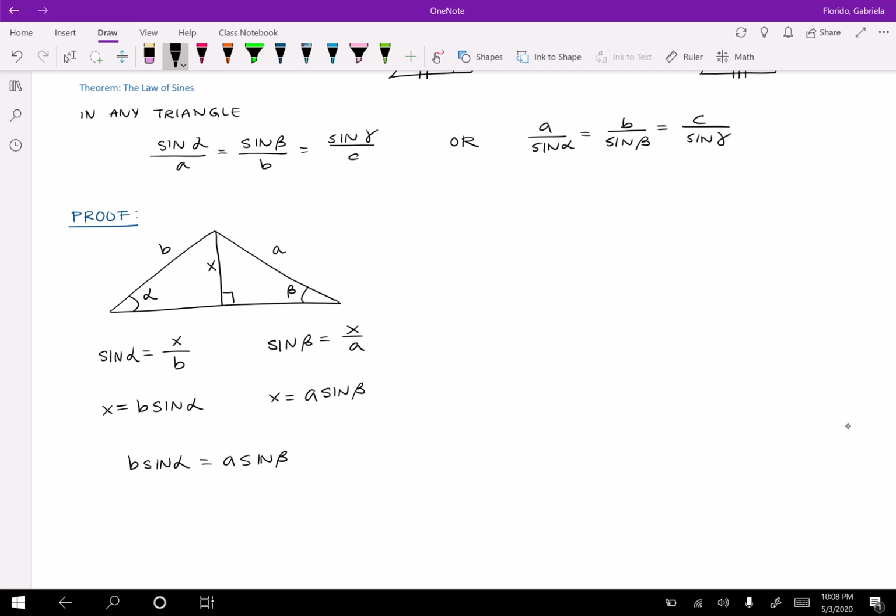And now, again, remember, our goal is to make it look like the law of sines. So I'm going to divide both sides by b, and I get sine of alpha is equal to a sine of beta over b. Notice that we're almost done. I'm going to multiply both sides by 1 over a.